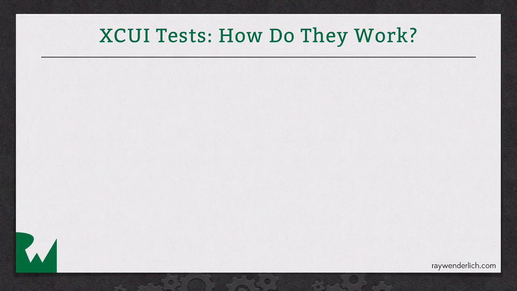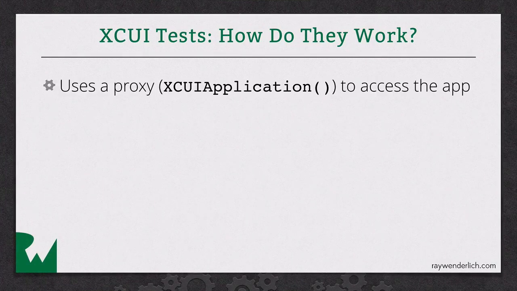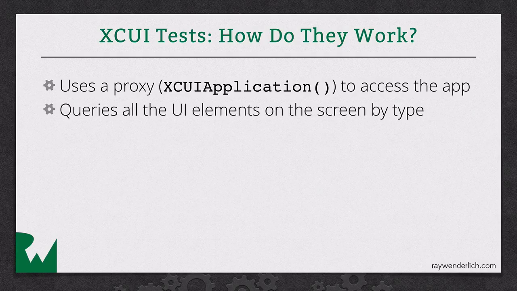So how do these tests work? It uses a proxy object called XCUIApplication to access the app. Because your tests are running in a separate process, you need something which can reach across those processes and tap things, and that's what the application proxy is, which has access to all the accessibility elements.